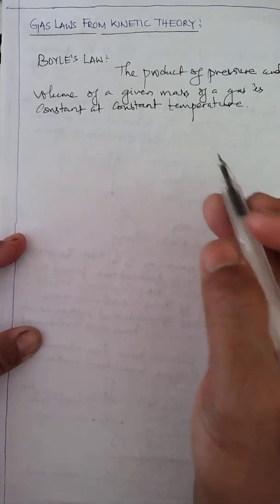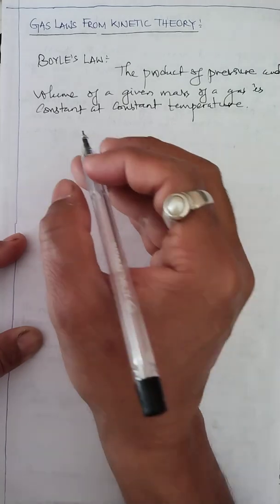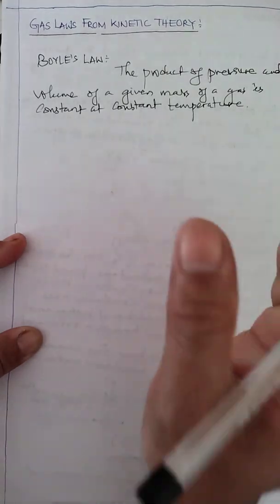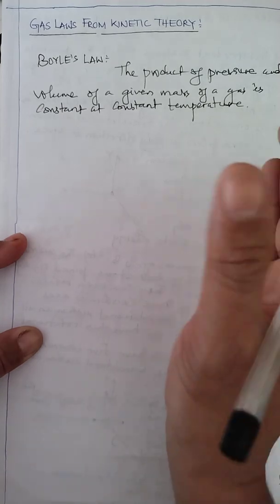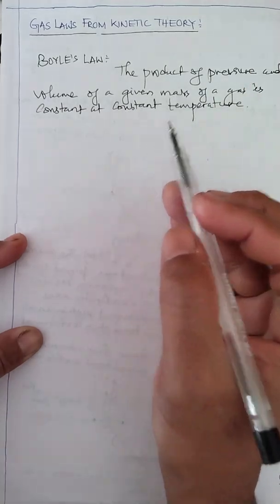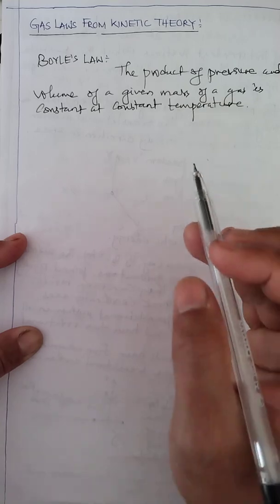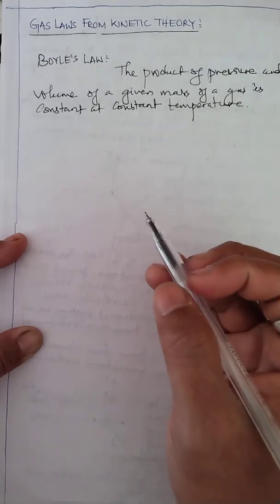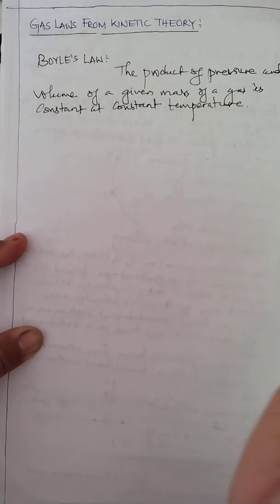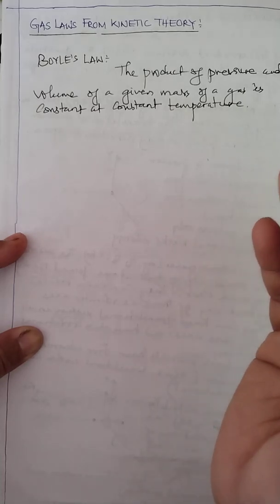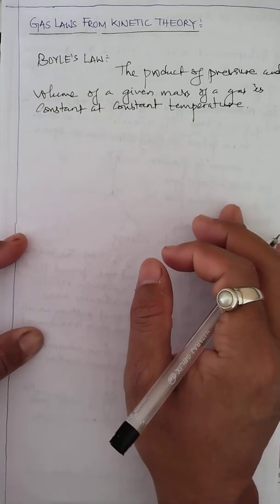Now to verify the statement of Boyle's law, we know from the kinetic theory of gas, the pressure of a given mass of gas, and basically this law is applicable for what gas? Ideal gas. So children, remember this part. Boyle's law, Charles' law, Avogadro's law, or law of pressure, these gas laws can be applied only for ideal gases.